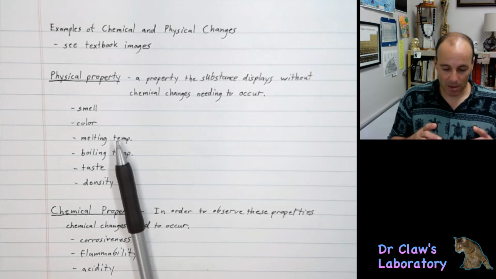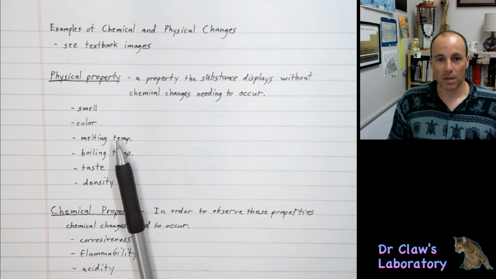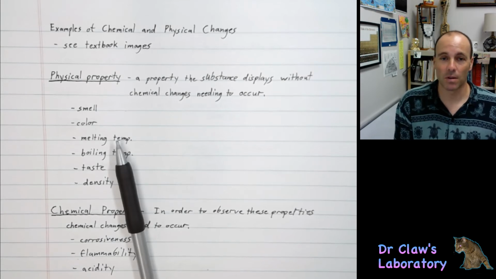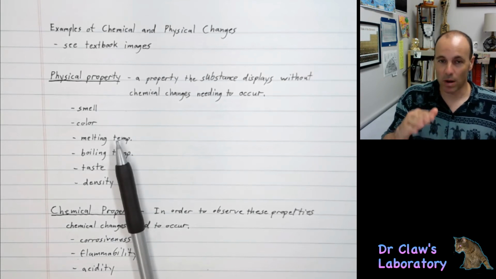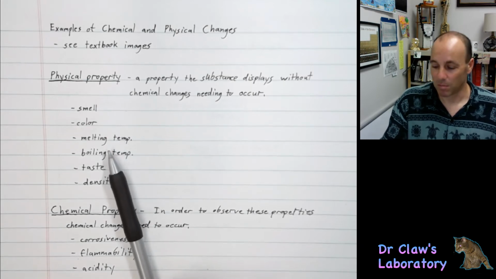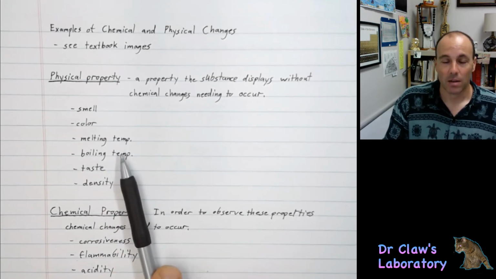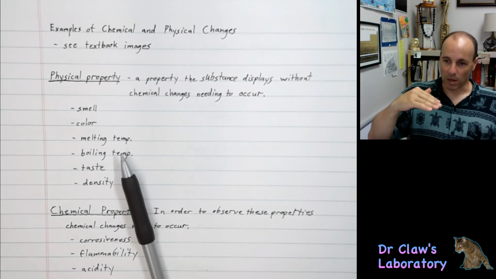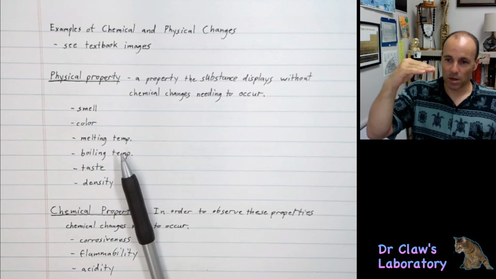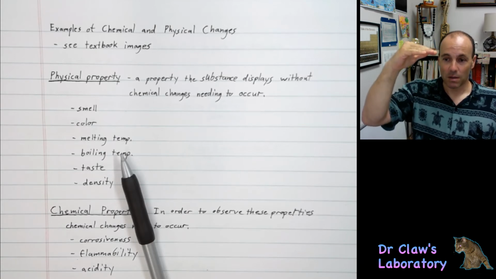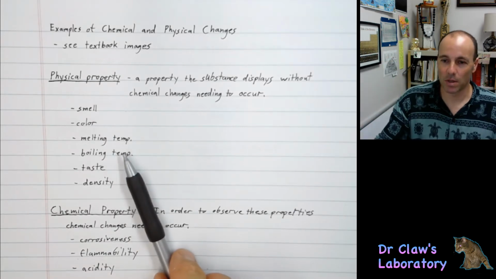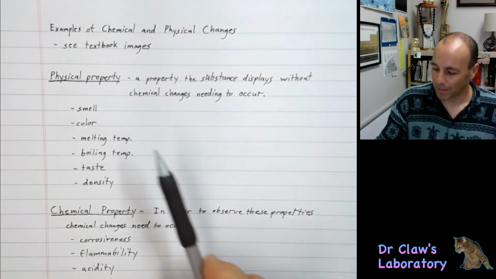If you take a piece of ice and warm it up and melt it into the liquid, it always does that at 0 degrees Celsius. No chemistry had to occur for you to observe that. The water was water the entire time it melted, before and after. Boiling. The boiling temperature of water is 100 degrees Celsius. You watch liquid water warm up, and once it reaches 100 degrees, it turns into gaseous water, but it's still water. The boiling temperature can be observed without any chemistry having to occur.